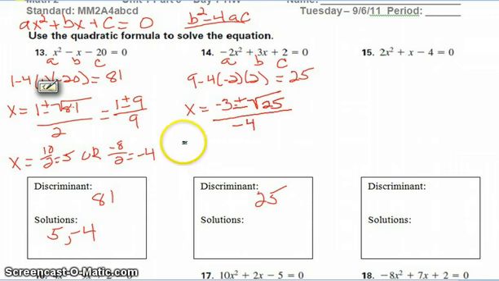If we simplify this, x is negative 3 plus or minus the square root of 25, which is 5, over negative 4.